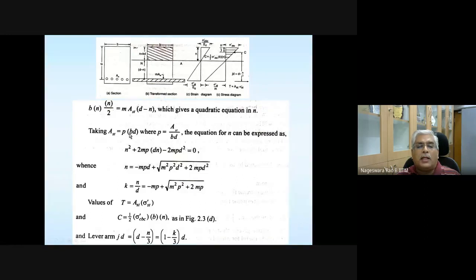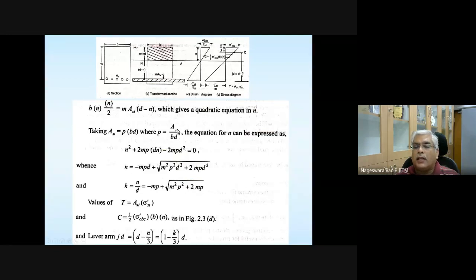In flexural calculations after cracking, it is the effective depth which makes more sense, because we write all our equilibrium equations based on the effective depth. Hence the percentage is also based on the effective depth, which is denoted as small d. So p is defined like this.